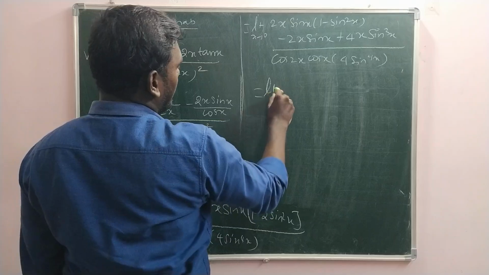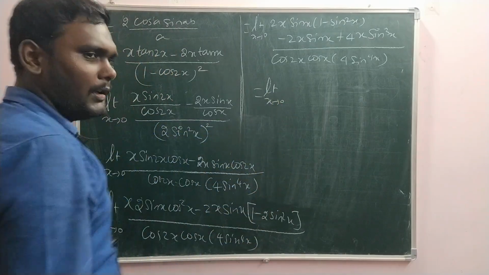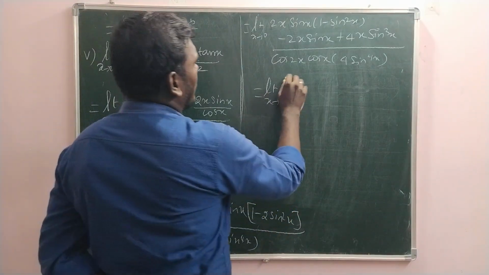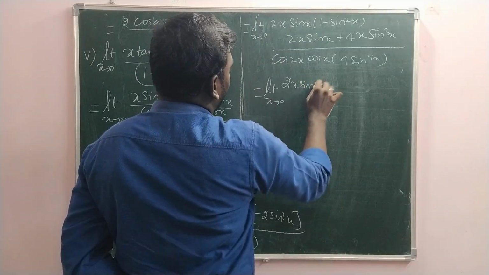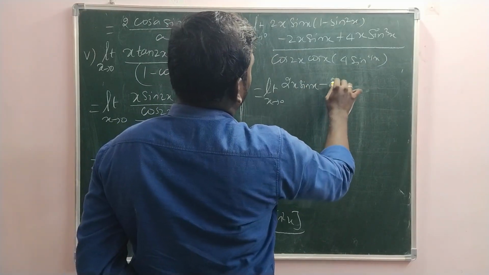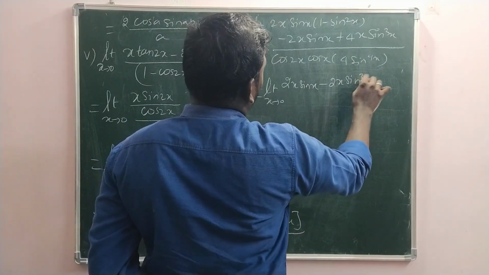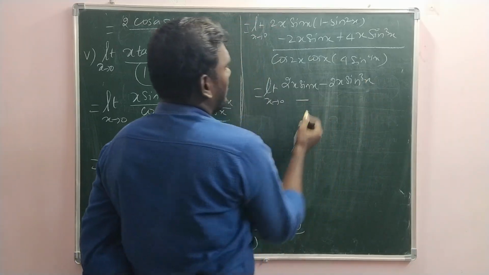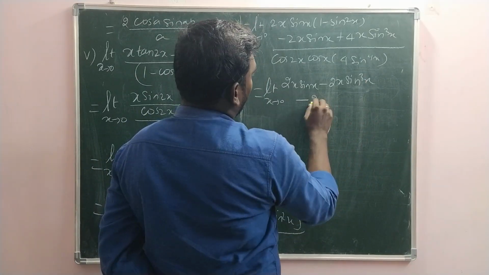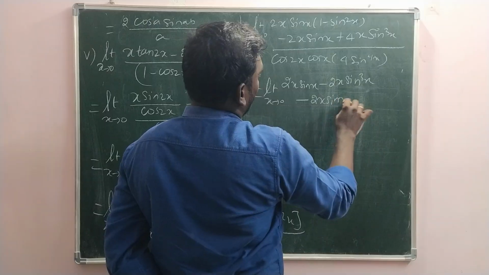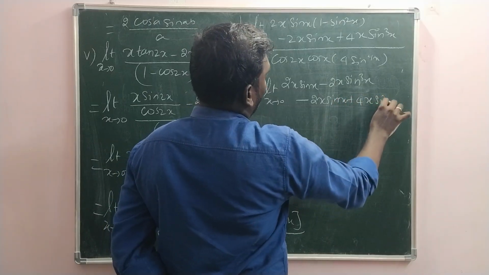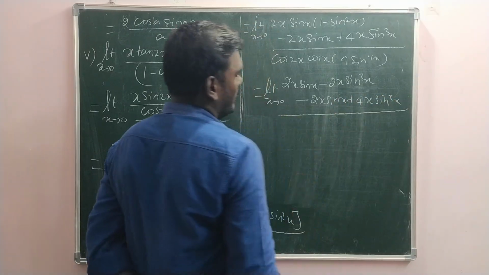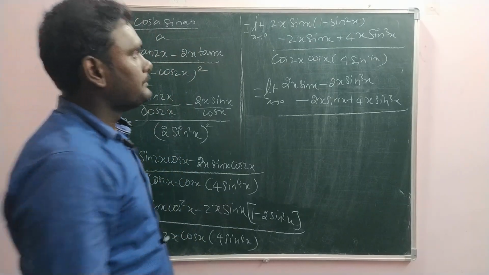Now that also we multiply inside. When we multiply that inside, we have 2x sin x minus 2x sin cube x minus 2x sin x plus 4x sin cube x.